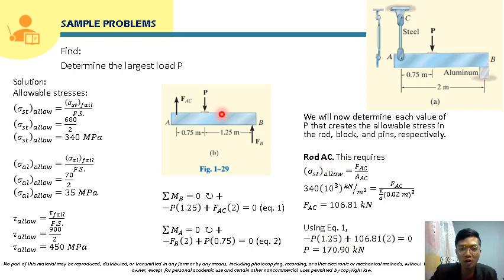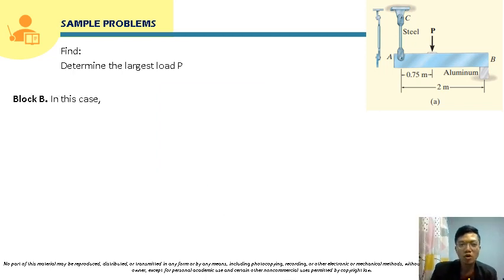So we will also solve for the value of load P for the aluminum block. So let's proceed. We are now going to proceed to block B. We are going to solve for the load P using the allowable stress for the aluminum block. The allowable stress for the aluminum block will be equal to the internal normal force over the cross-sectional area of the aluminum block.